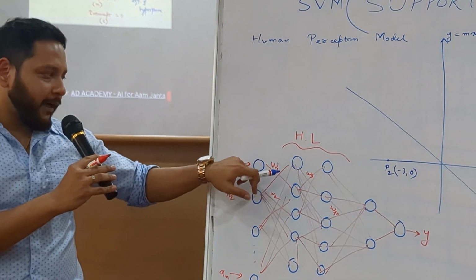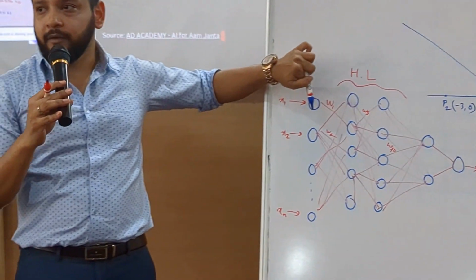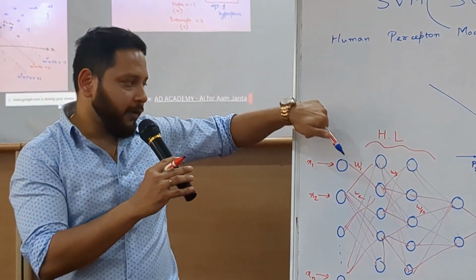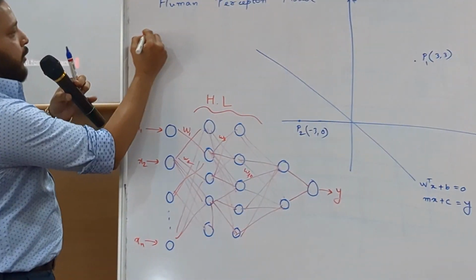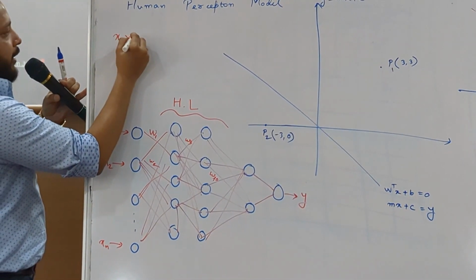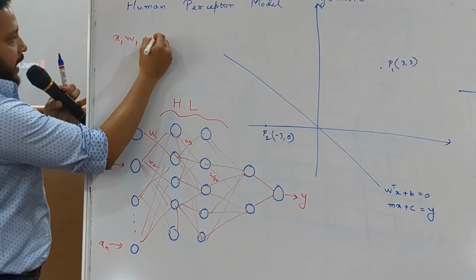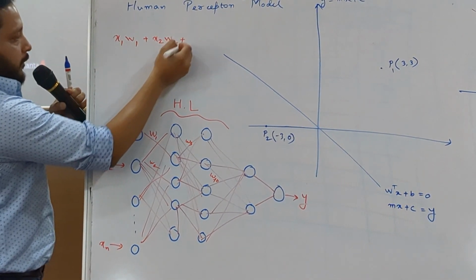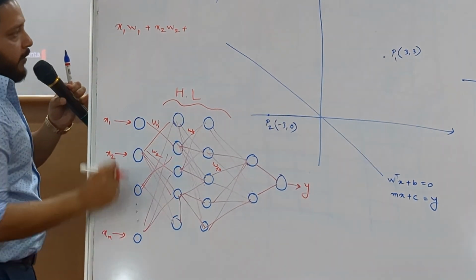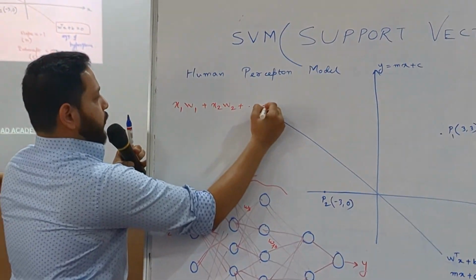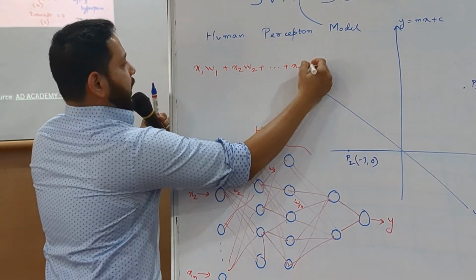So we give different weightage to the information, and on the basis of that we multiply x1 into w1, plus in the same way x2 into w2, and so on, up to xn into wn.